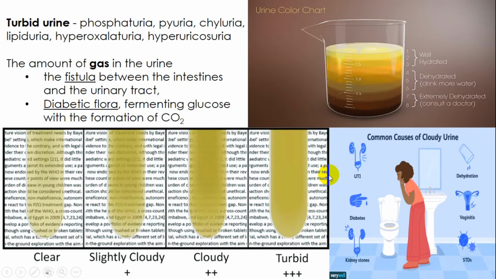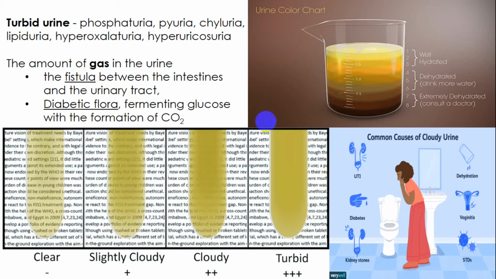Turbid urine may be due to phosphaturia, pyuria, chyluria, lipiduria, hyperoxaluria, and hyperuricosuria. Gas in the urine is a state seen in a fistula between the intestines and the urinary tract. It may also be diabetic flora fermenting glucose with the formation of CO2.